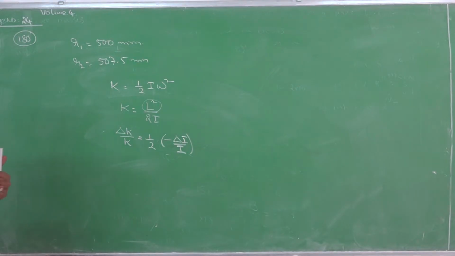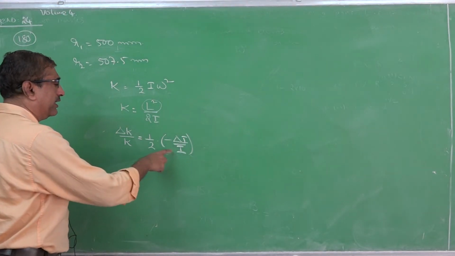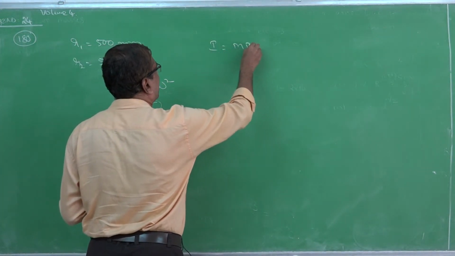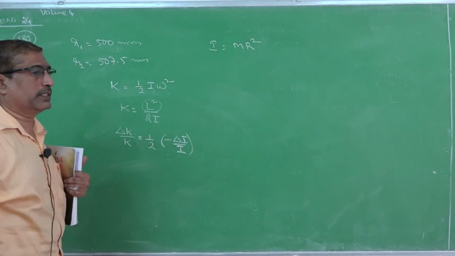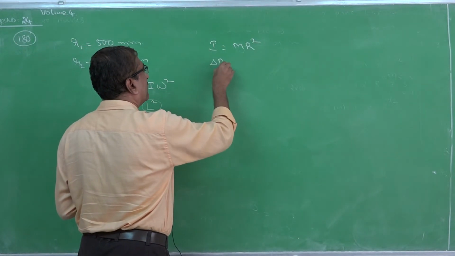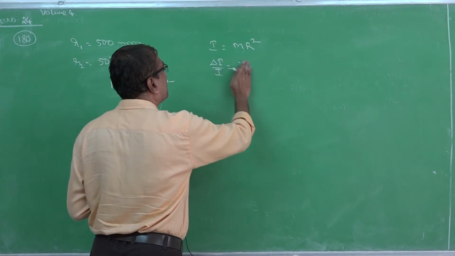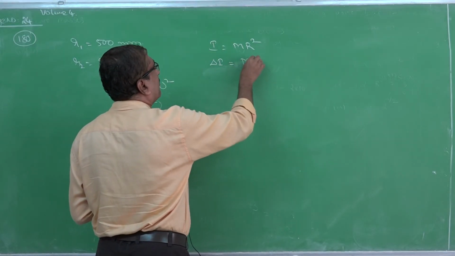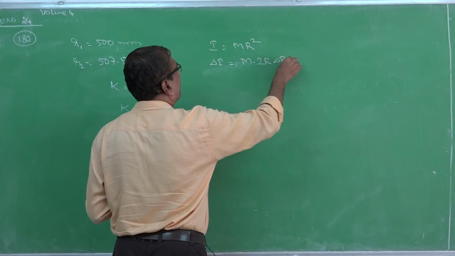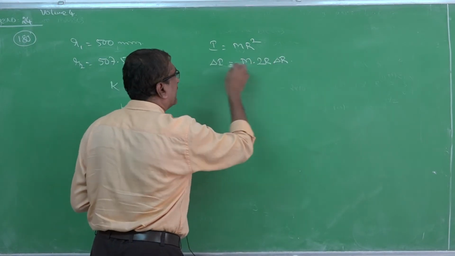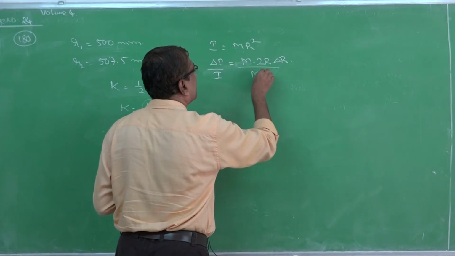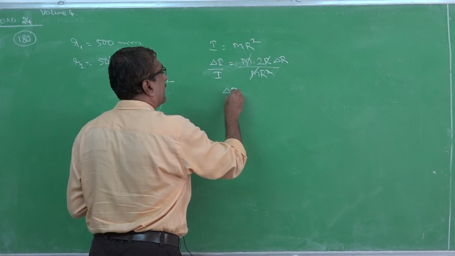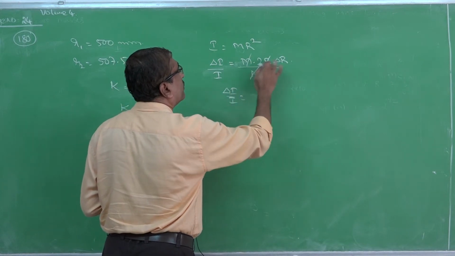Now, how can we write delta I by I? We know I is equal to mr square. So delta I is equal to m 2r delta r. If we divide it by I on both sides, with I equal to mr square, m will get cancelled, and r will get cancelled. So delta I by I is equal to 2 delta r by r.